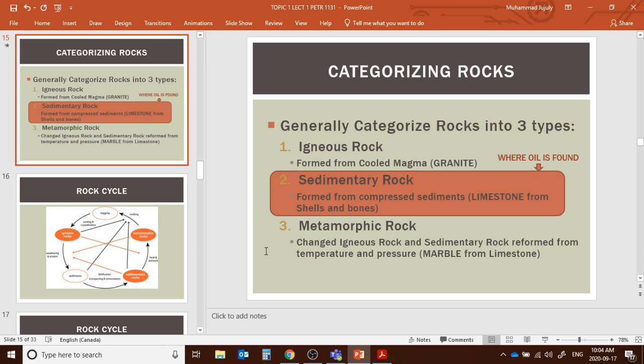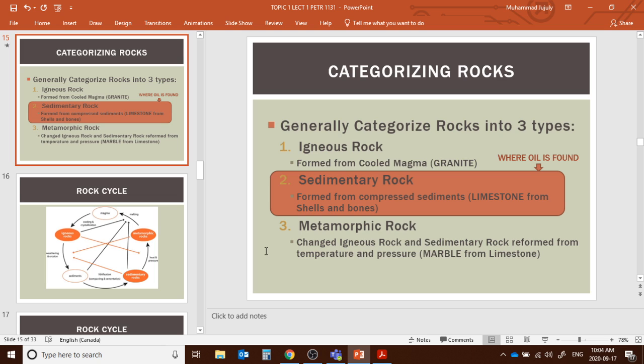For instance, marble from limestone. Another precious example could be the reform of diamond or graphite from carbon.